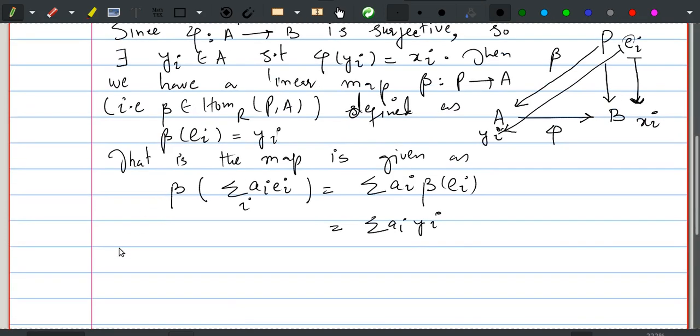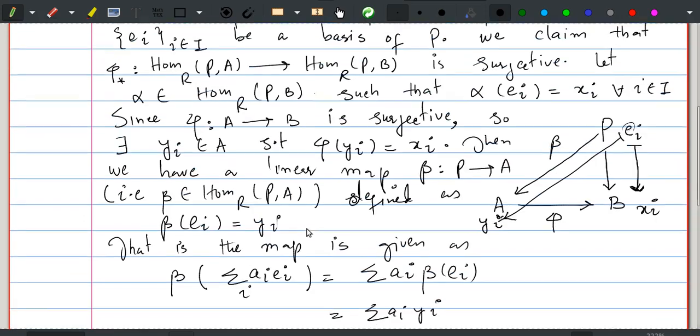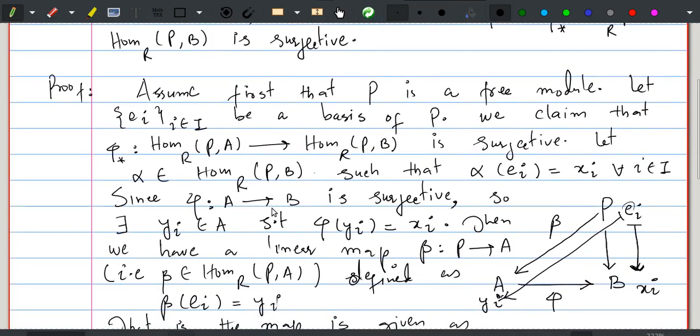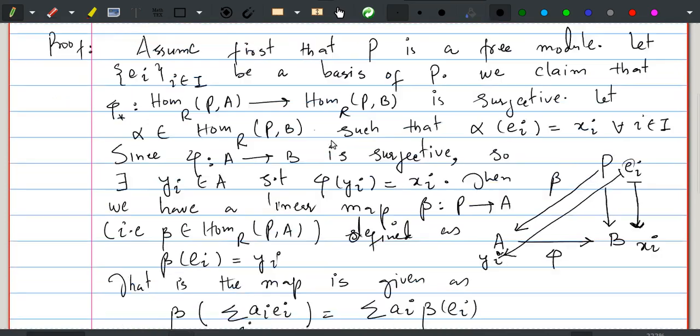Now if we look at this phi star, what we have to prove is that it is surjective. So we have to prove that the element chosen here, which is alpha, has a pre-image under phi star. We are going to prove that this beta is the pre-image of alpha.